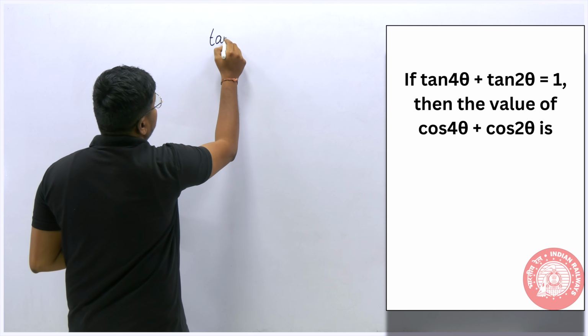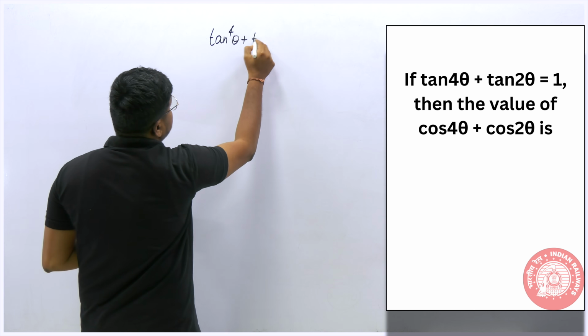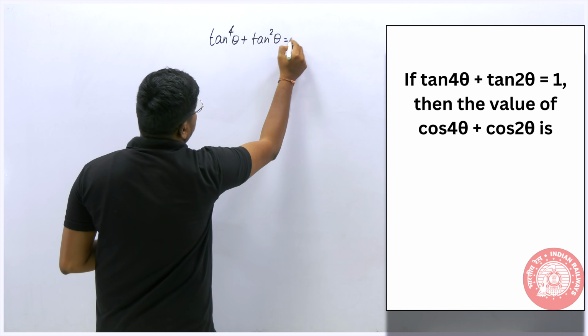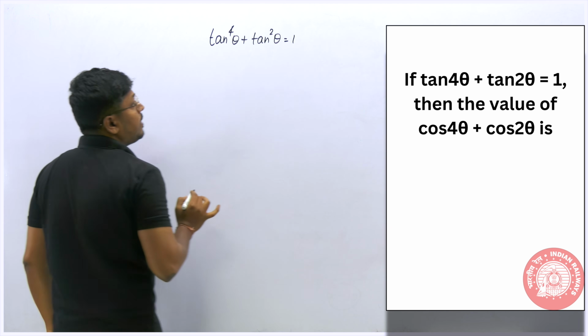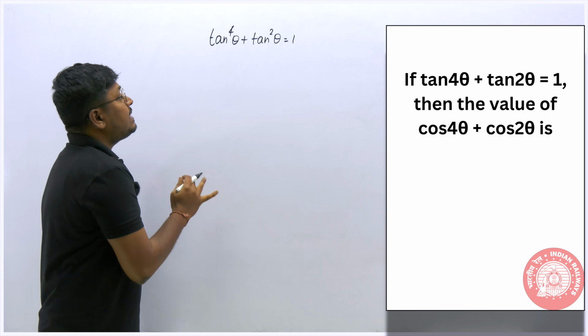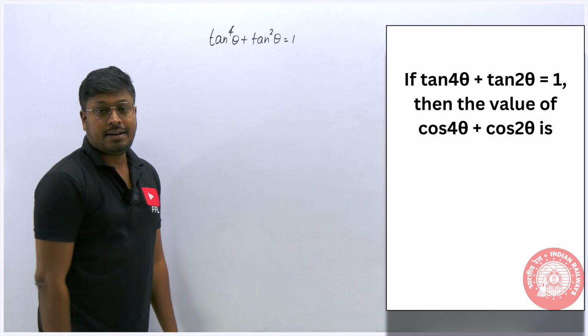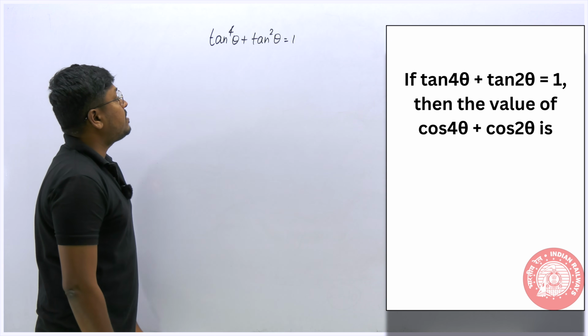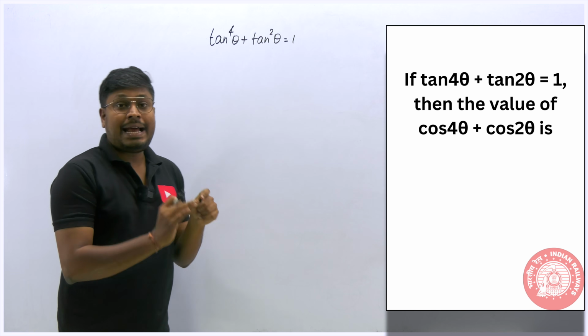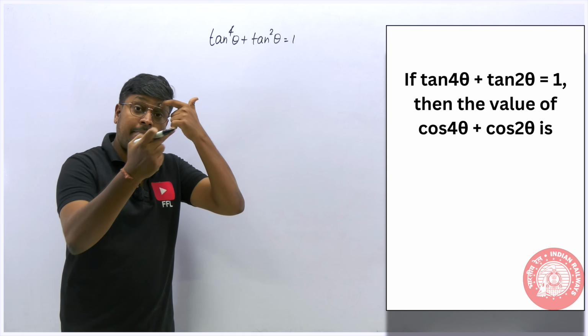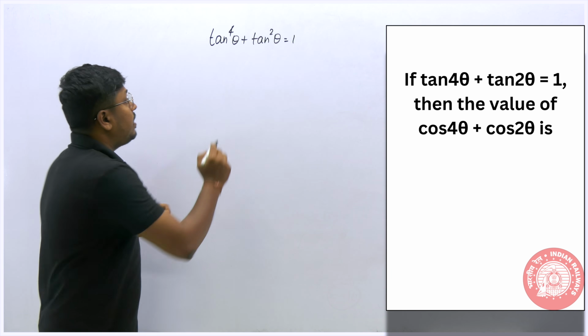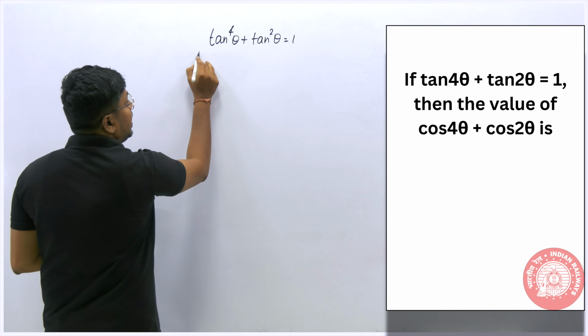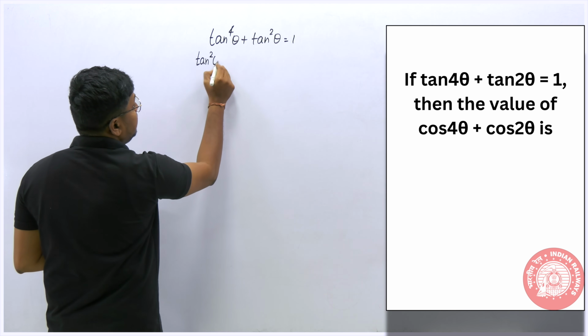So tan power 4 theta plus tan square theta is equal to 1. Now, how can we convert tan theta into cos theta? Just listen carefully. Usually tan theta can be written as sin theta by cos theta. Here we have power 4, here we have square. First I can take tan square theta outside.